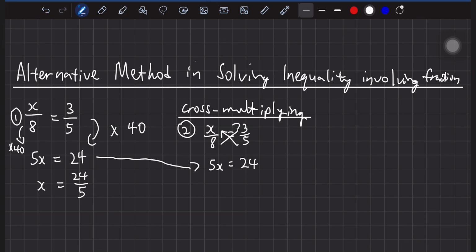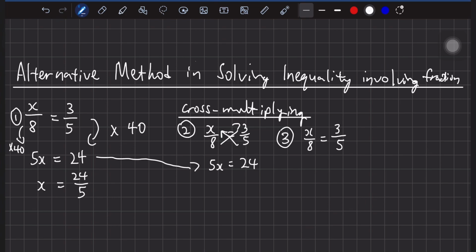Then it will have other issues when it comes to inequality, because do take note, when we learn mathematics, we need to be able to link what we have learned in previous year, previous month, or previously. So for this method too, instead of this cross multiplying, some students may do it in this manner, which is x over 8 equals to 3 over 5.